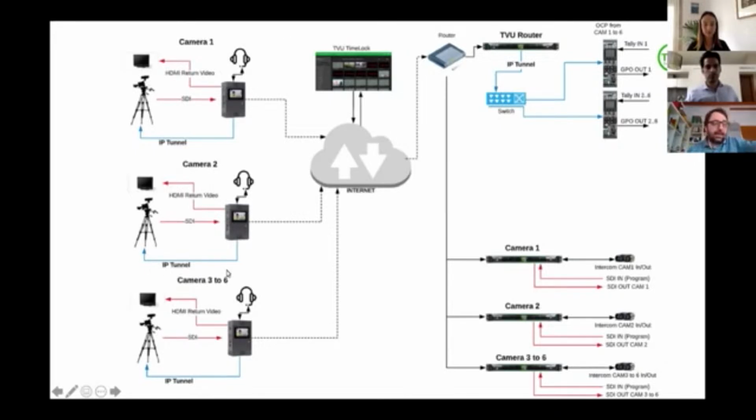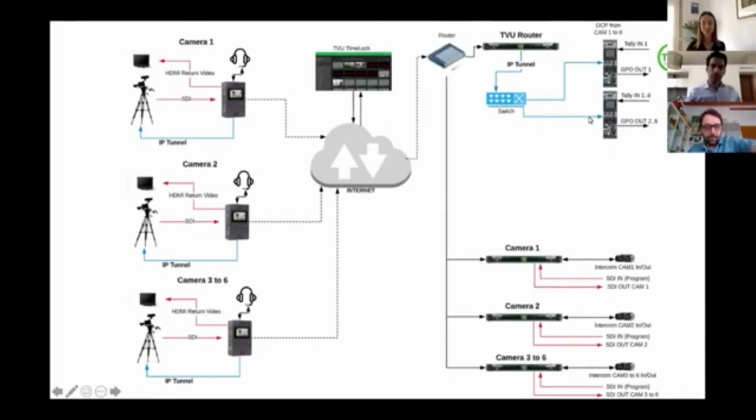This is a typical setup to replace the typical triax workflow that you have in the OB van, simulating that over public internet. So from home, you would have the same or almost the same control that you have with a triax camera. In the demo that we did, we used Panasonic cameras and they worked very well. We know that with Sony cameras and other brands, it also works.